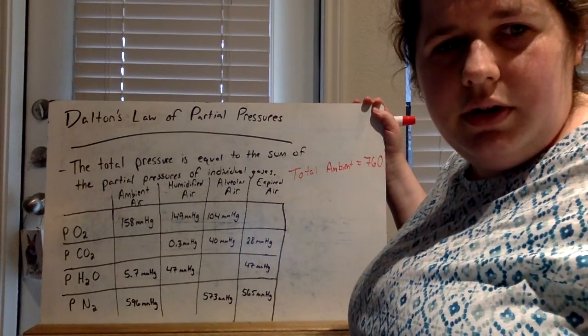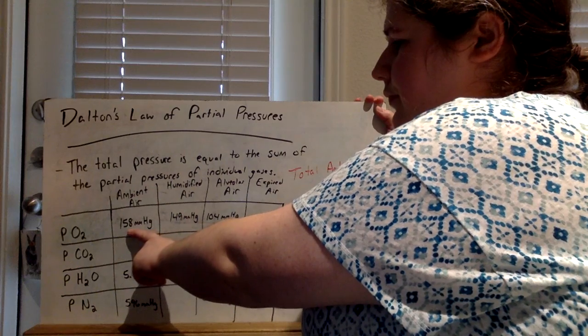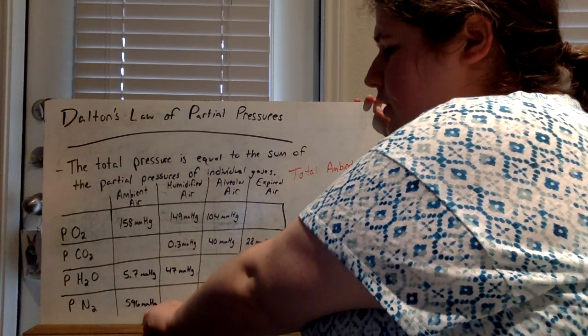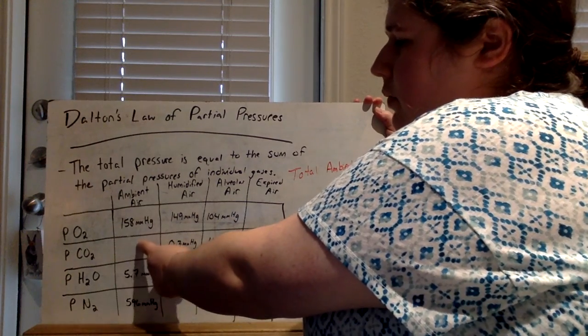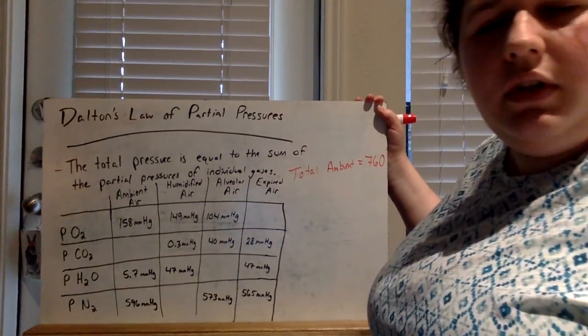I know that the partial pressure of oxygen is 158. The partial pressure of water is 5.7. And the partial pressure of nitrogen is 596. I want to know, what is the partial pressure of carbon dioxide in this ambient air?